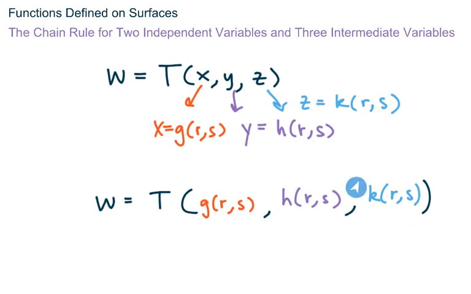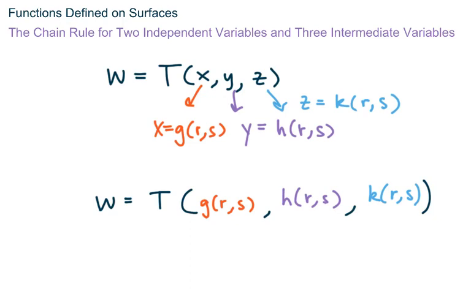So this is the type of situation that we are looking at taking the derivative of, to find that instantaneous rate of change, the rate of change in temperature at that specific spot or location.